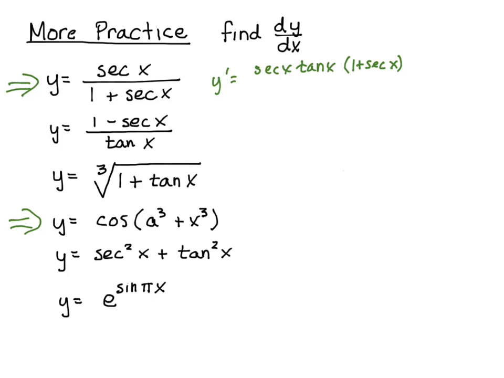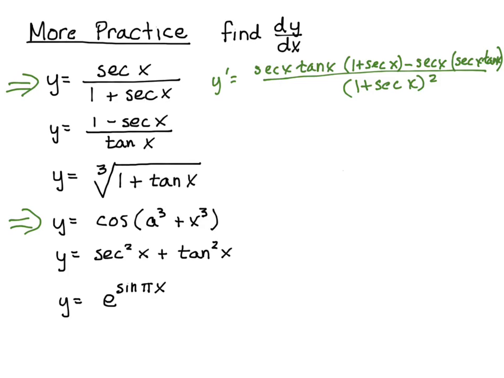And then we're going to subtract that from the numerator times the derivative of the denominator, which is just the derivative of the secant, the secant of x tangent x. All over 1 plus the secant of x squared.